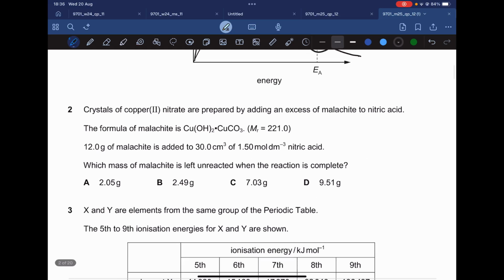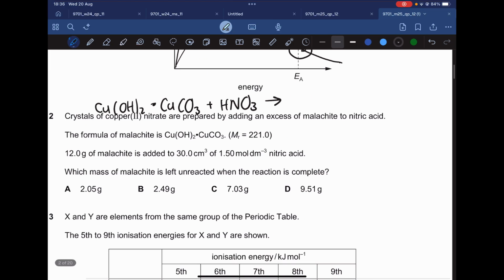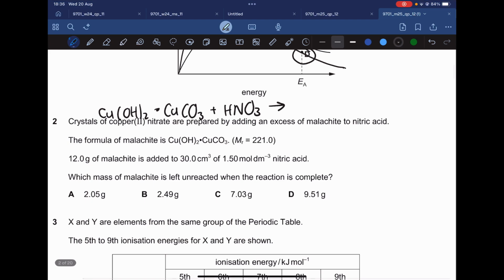So what you first need to recognize is that you need to write this as a balanced equation. So our balanced equation is malachite plus nitric acid forming copper 2 nitrate, right? Because we're saying that this is a hydroxide and a carbonate in the same compound.